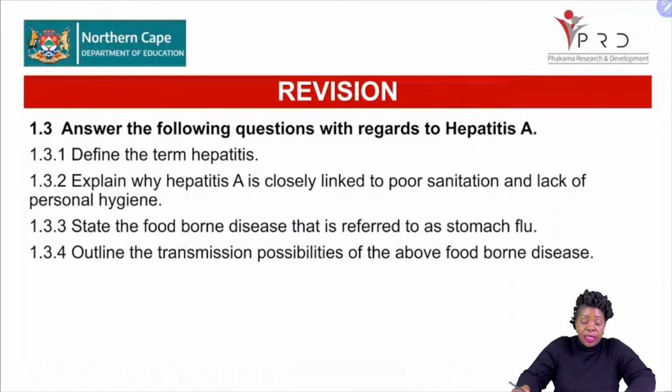And point 4 says, outline the transmission possibilities of the above foodborne disease. So the above foodborne disease that we're talking about is stomach flu. So you need to get this one correct so as to answer this one correct, right? Let's answer 1.3.1 to 1.3.4, and then we can go to our solutions.